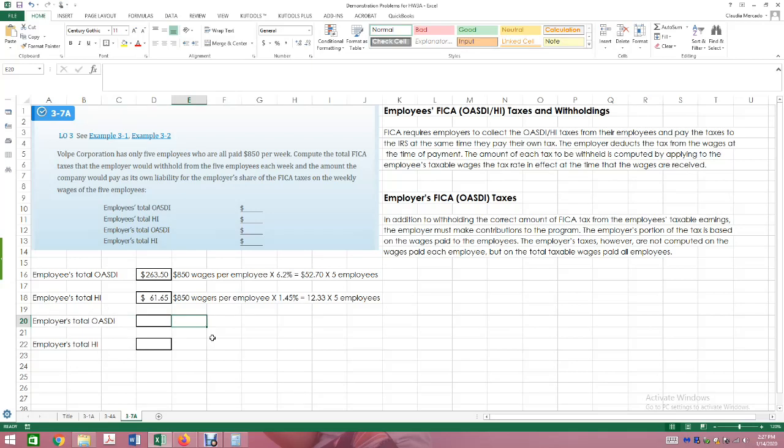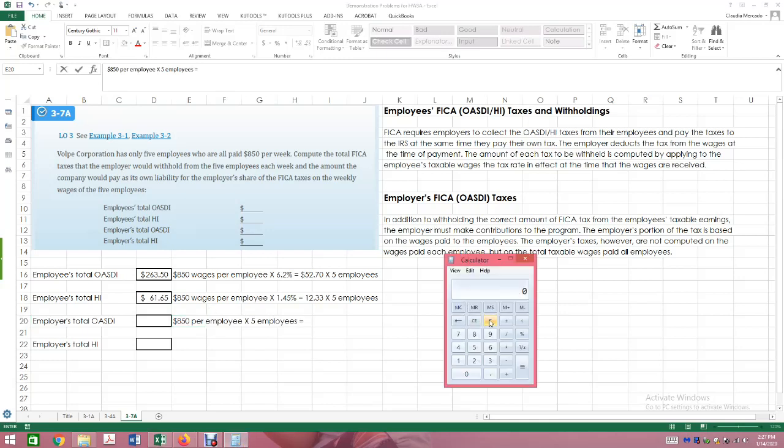So what we need to do first is take the $850 that we know wages per employee, and multiply by 5 employees. To get my total, how much am I going to pay my employees?